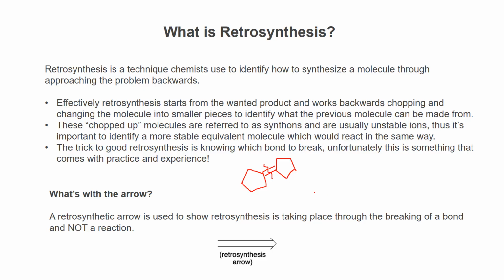If you chop this double bond, what will form? For one chopping of the bond, it can give us this.